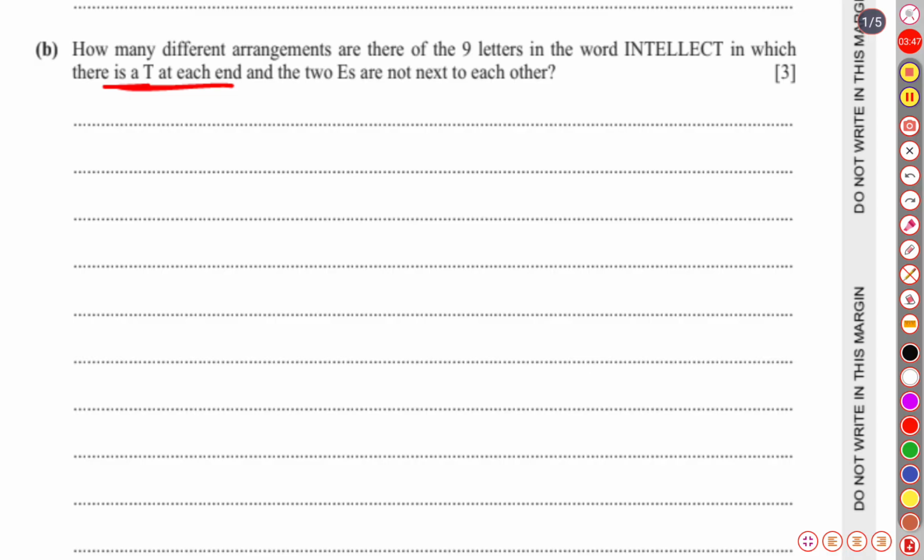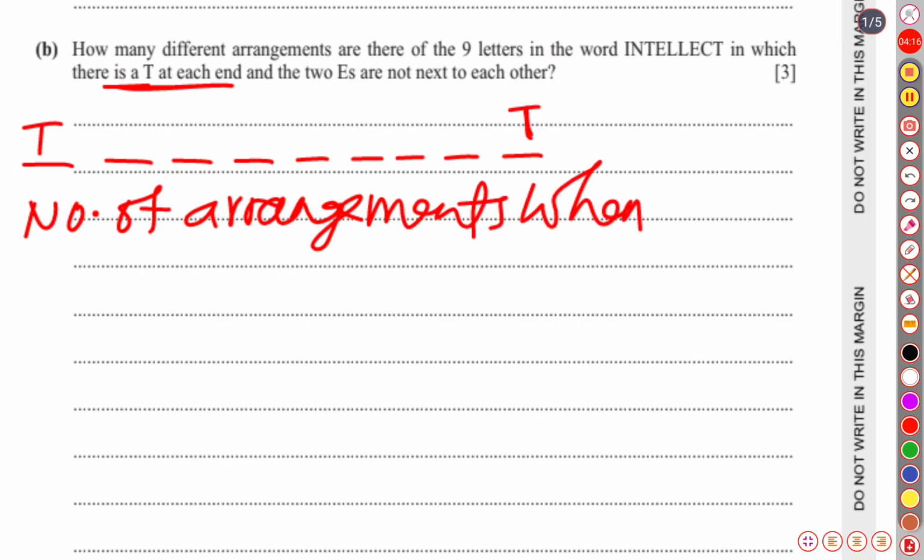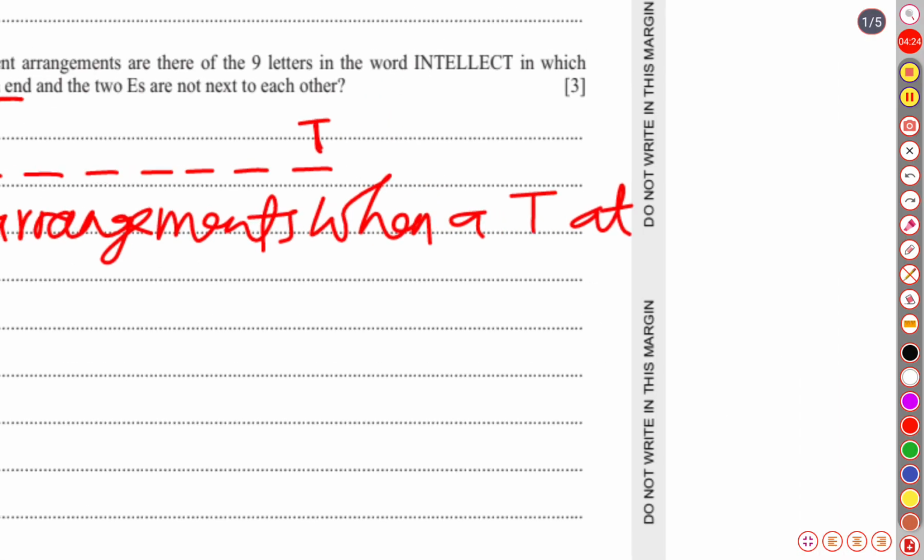So let's write 9 spaces, 1, 2, 3, 4, 5, 6, 7, 8, 9. So at each end there will be a T. So T's have been arranged. So let us write number of arrangements when there is a T at each end.